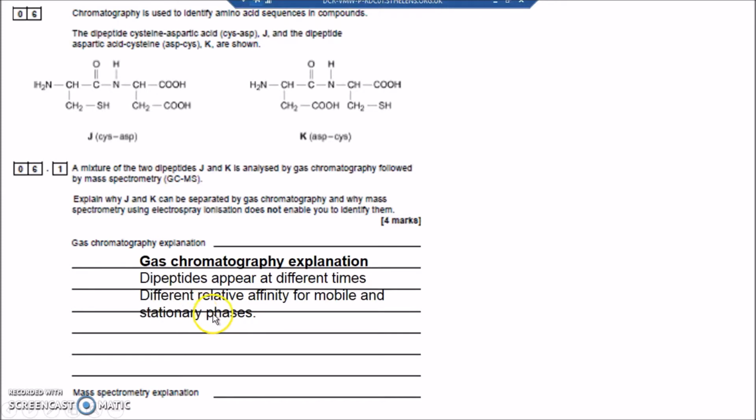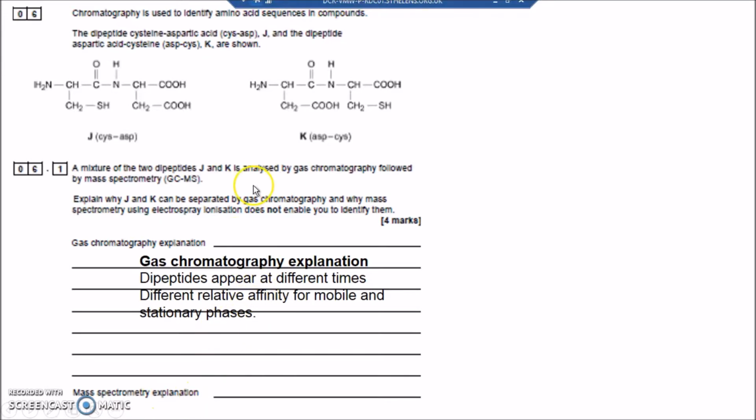So how much they stick to the stationary phase, that's the beads in the tube, and how much they move or are soluble with the mobile phase, that's the gas that's being pushed through them. If it were a liquid, it would be how much they dissolve in it.